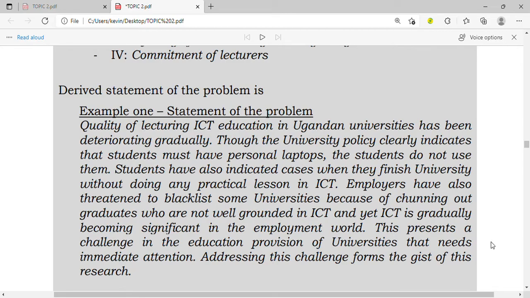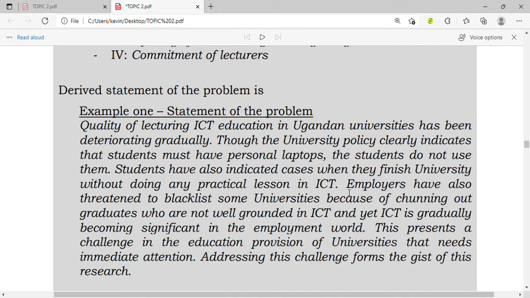Example 1, statement of a problem. Quality of lecturing ICT education in Ugandan universities has been deteriorating gradually. Though the university policy clearly indicates that students must have personal laptops, the students do not use them. Students have also indicated cases where they finish university without doing any practical research lesson in ICT.